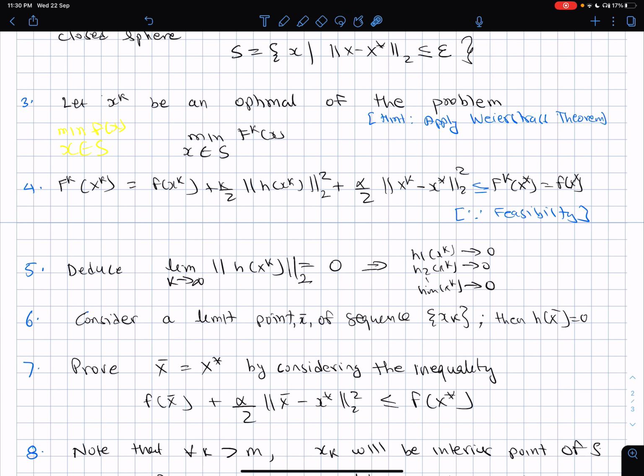Now we don't know whether the sequence x_k converges or not. To be honest, we don't know. But definitely we know that it has a limit point. What is a limit point?